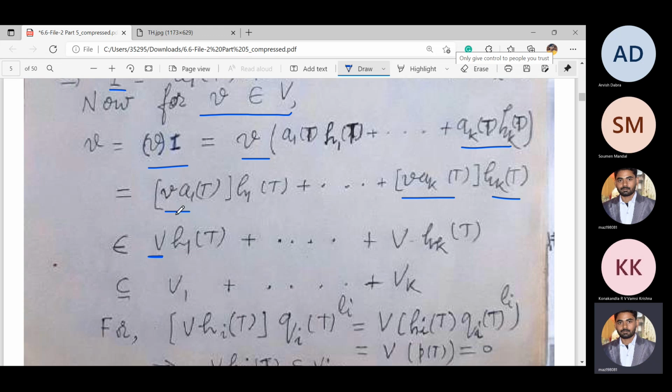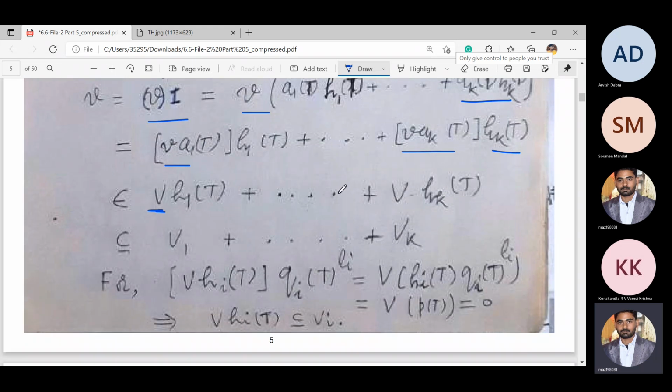If small v belongs to the vector space, then a(T) applied to v belongs to capital V, because T is a linear operator, a function from V to V over the field F. So this will be V1h1(T) plus up to Vkhk(T), and by the definition of V1, V2 and Vk as defined above, the vectors in h1(T) belong to V1, and the vectors in hk(T) belong to Vk. So this whole term is a subset of V1 plus V2 plus up to Vk.